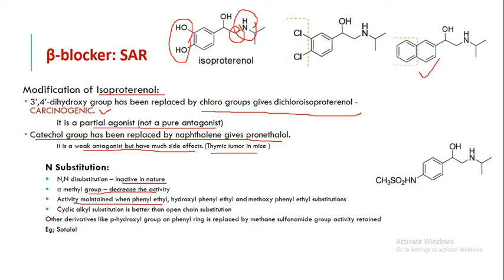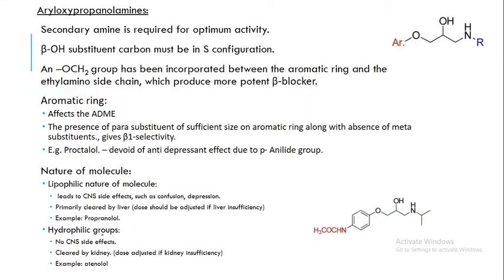Activity is maintained when phenylethyl, hydroxyphenylethyl, or methoxyphenylethyl substitutions are attached to the nitrogen, and a cyclic alkyl substituent is better than an open chain substituent. In another derivative, the para-hydroxy group on the phenyl ring is replaced by a methane sulfonamide group, and activity is retained. This is the structure of sotalol.